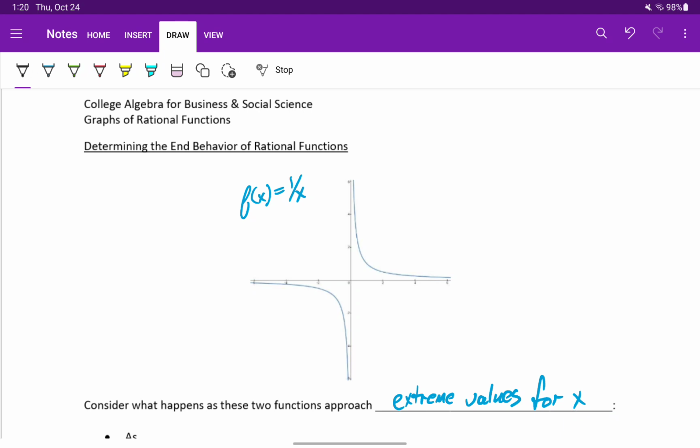Meaning, as x gets incredibly large and x gets incredibly small, what's the behavior of our function?